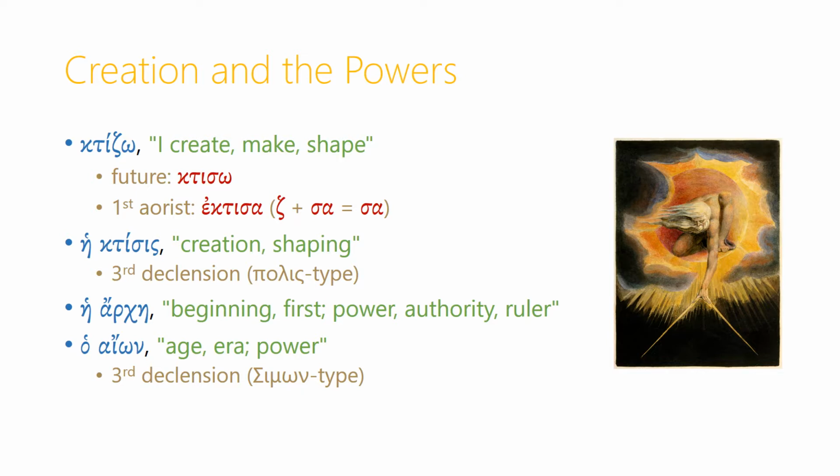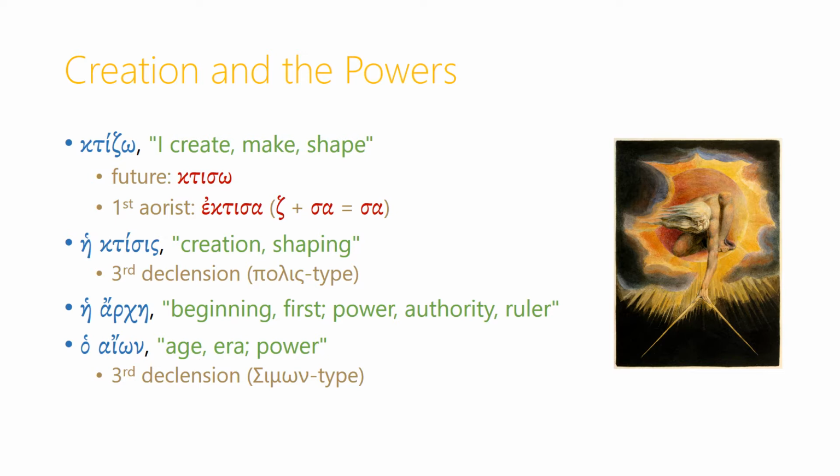The pronunciation of ktizo is a little bit tricky, but you can think of the kappa tau combination a little bit like the CT in the word act, except that the CT sound is at the beginning of the word, so it's ktizo.